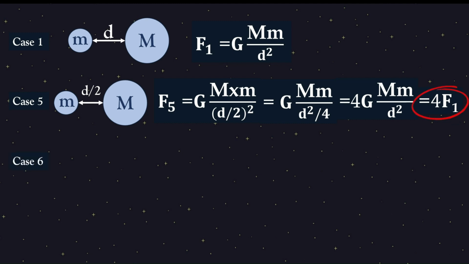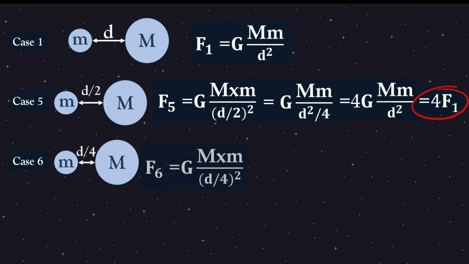Let's check case 6. Here again I have taken the bodies with masses small m and capital M, but I have again cut down the distance between the bodies to d by 4, which means comparing with the initial case, now the distance between the bodies is 1/4.